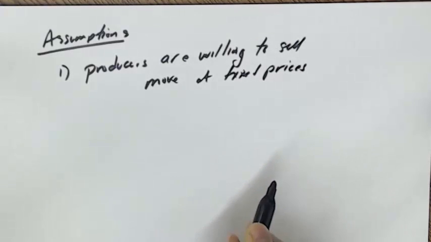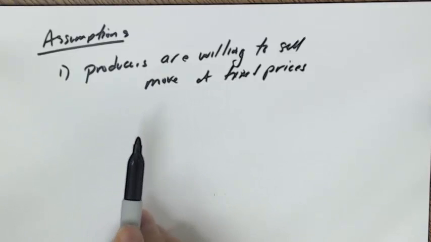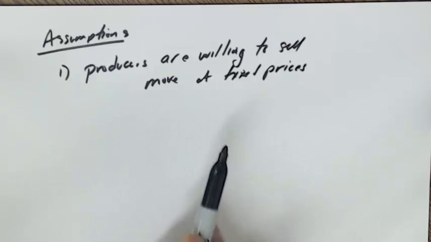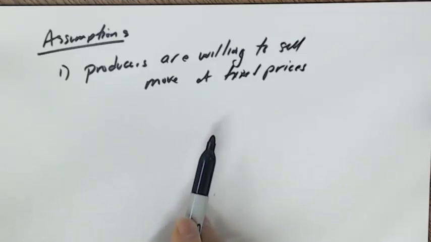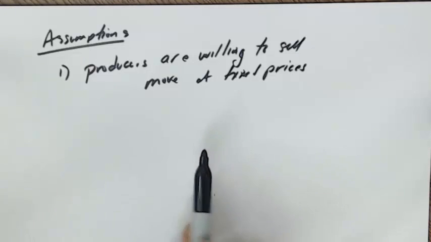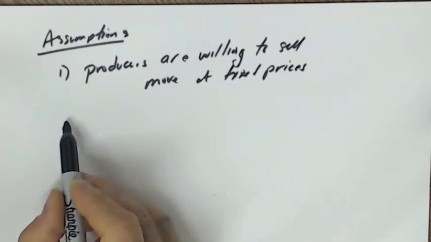What that does is allow us to look at the impact of spending. So when somebody spends some money, it has a direct impact on production, and there's no increase in price that offsets some of it, or if there's a drop in spending, a drop in price. So we're going to keep prices fixed so we can actually trace it through to the production better.